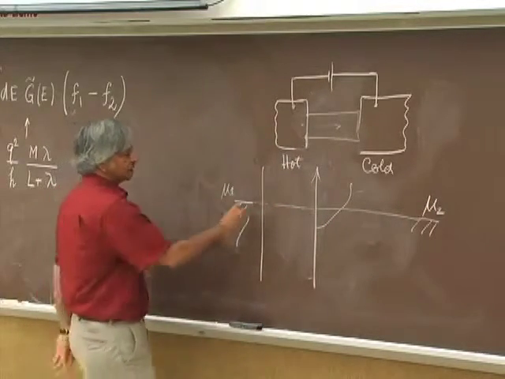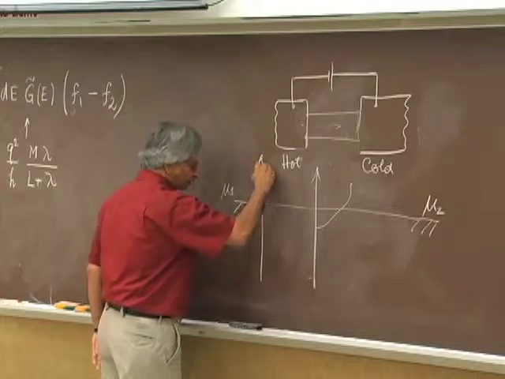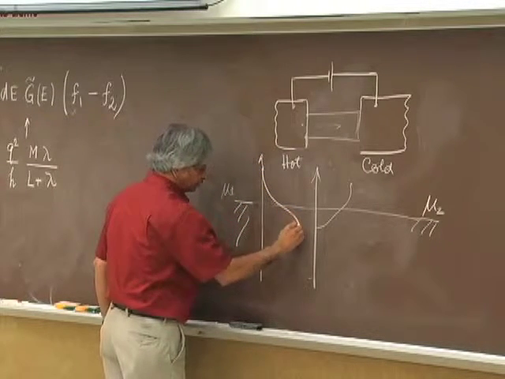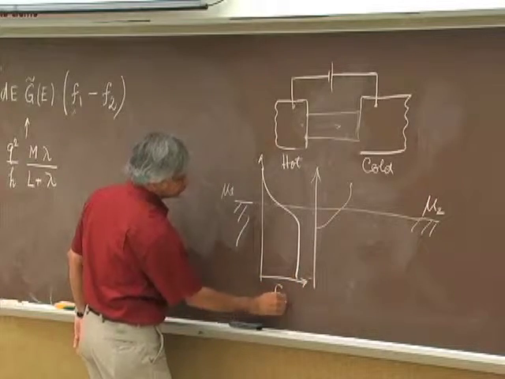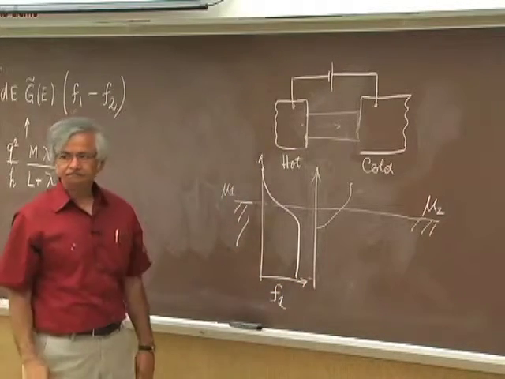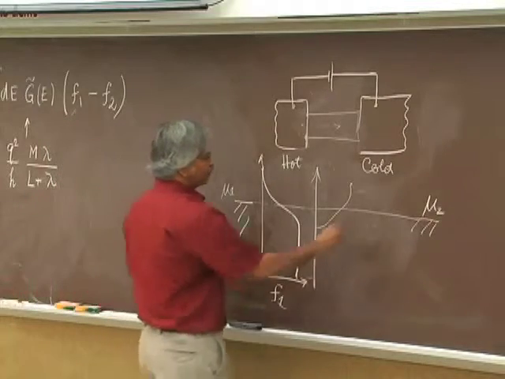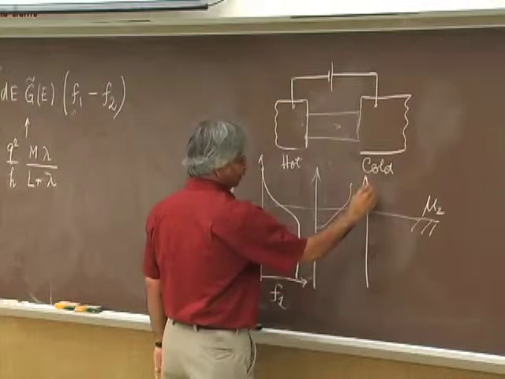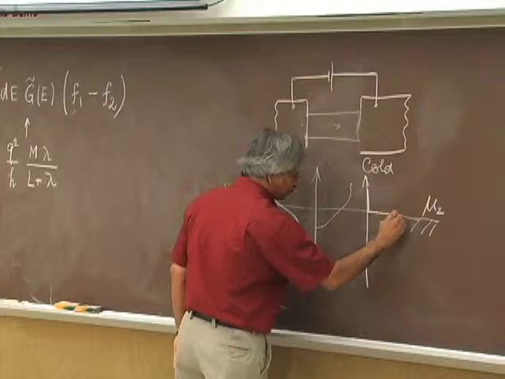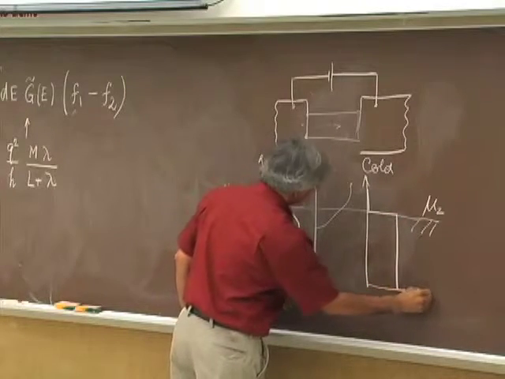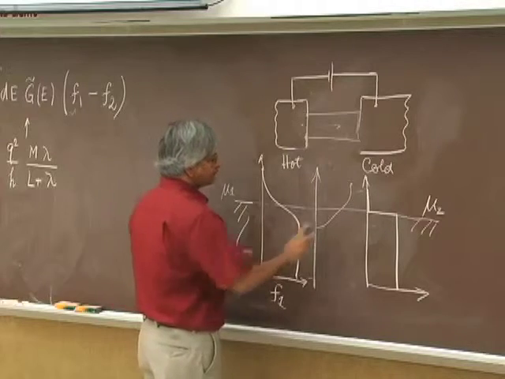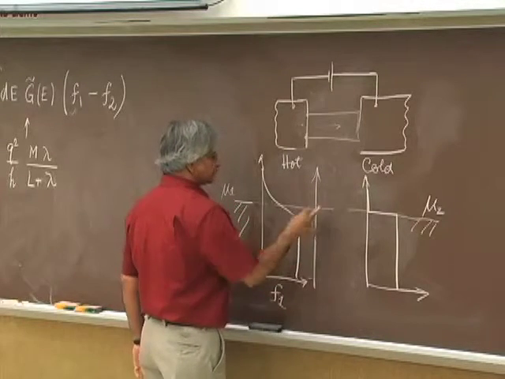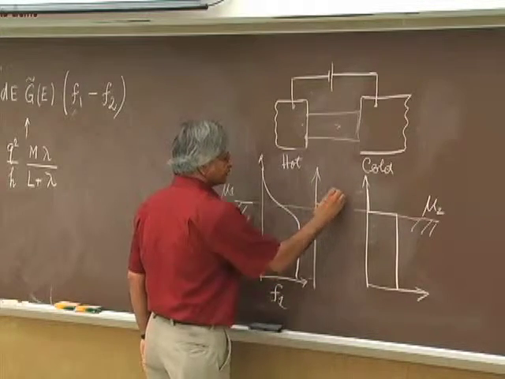So this is the hot side. So I'll draw the Fermi function kind of broadened out like this. So this is F1. This is the hot side. And the F2, let me draw it, it's very cold. So I'll draw it very sharp like this. Okay. And for this discussion, let's assume the density of states is somewhere here.